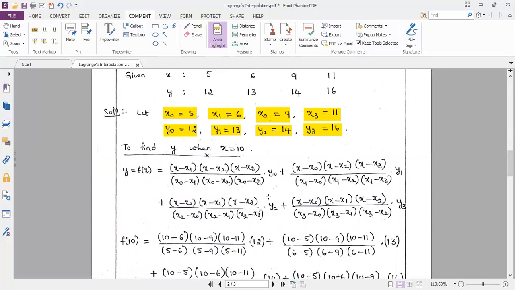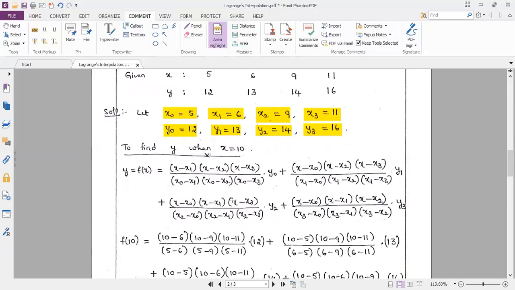We observe that while writing the formula, we are respectively skipping one term of x in the numerator, and the same term should be subtracted from in the denominators. So in the first term, x0 was skipped, so x0 is being subtracted from each of the denominators. Similarly, in the second term, x1 is skipped in the numerator, so each of the denominators should be subtracted from x1.